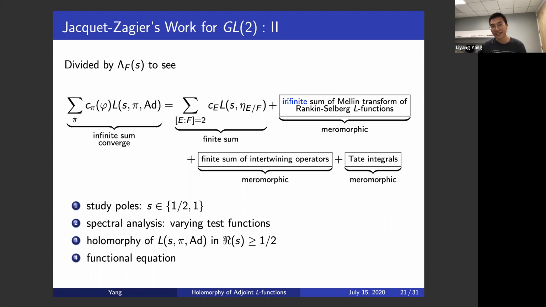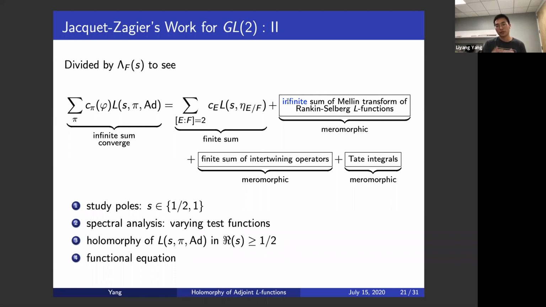However, the tricky thing is that you can show the convergence of this infinite sum, but you still need to get the meromorphic continuation, and the meromorphic continuation is still an infinite sum. You need to show the meromorphic continuation is convergent, and for that, regularization does not work quite well.